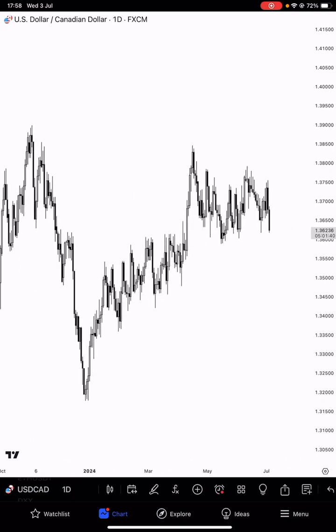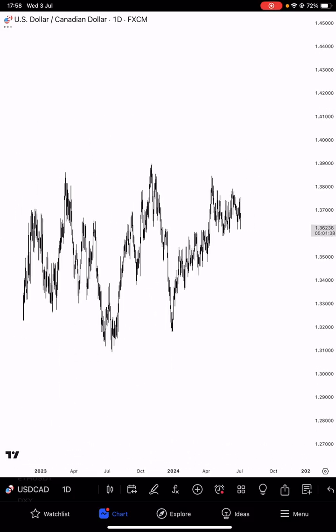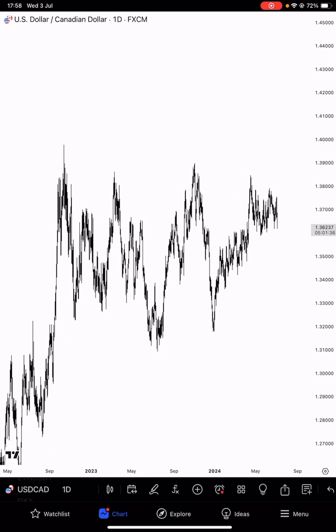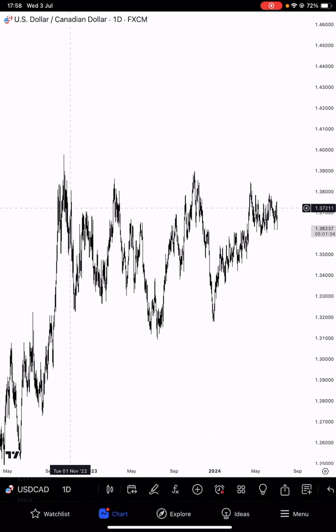So CAD, if you look at the past 2 years, it moves, but look at the price on the right, 1.39, 1.32. The movement isn't a lot, so it doesn't affect real world economics too much. They use this to make money, because why are the markets created and why are they still in place?